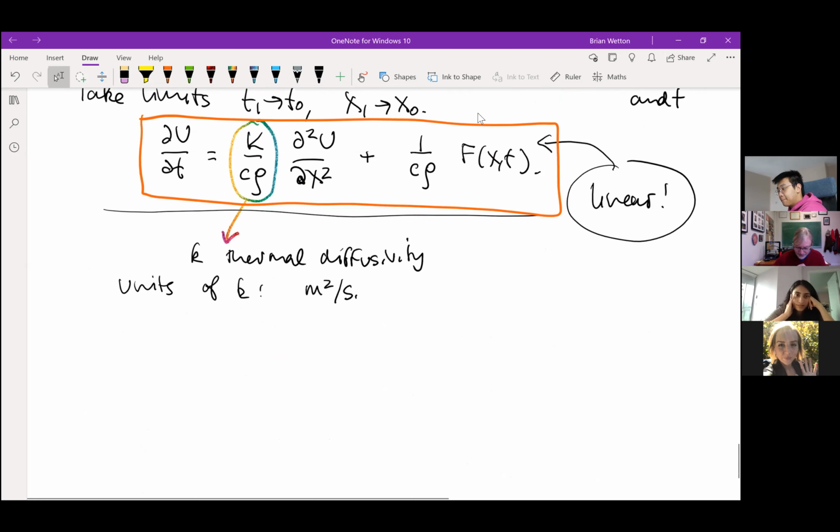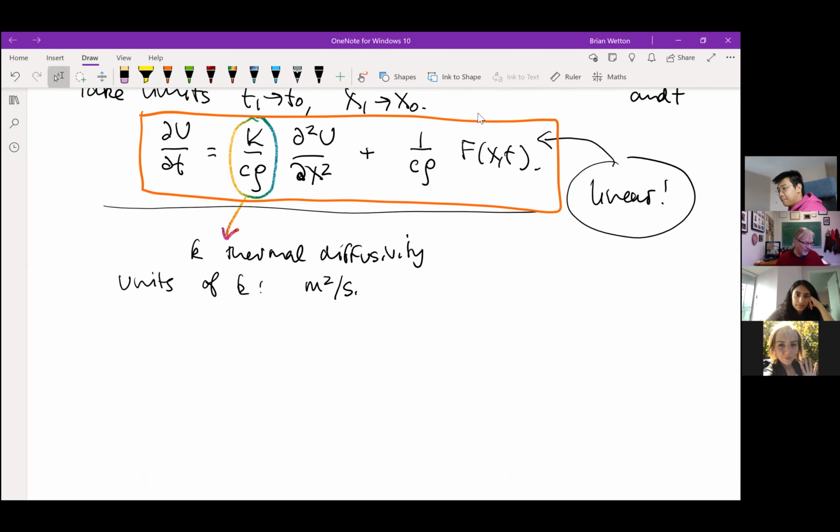So here's where we started, and now we're going to do the scaling.